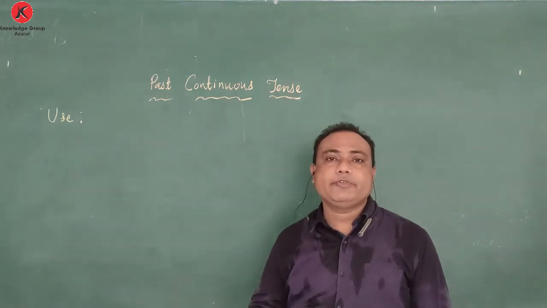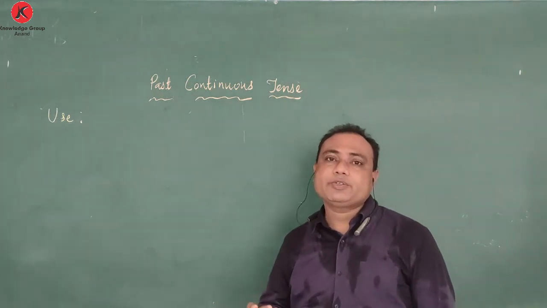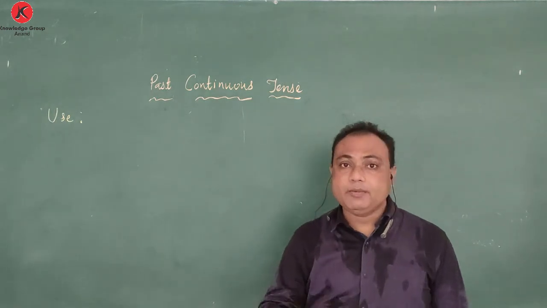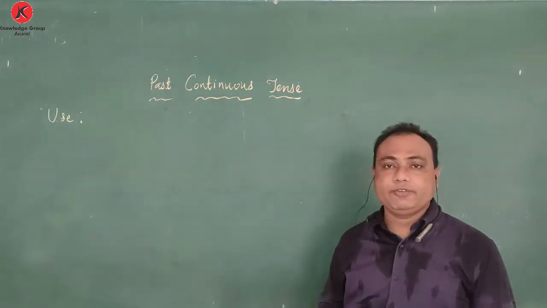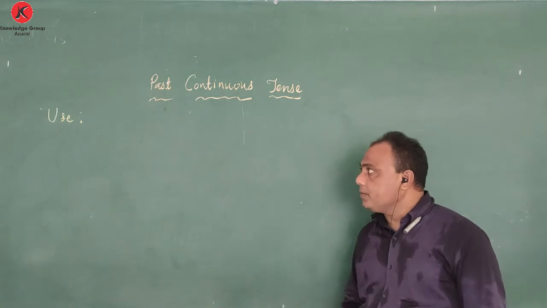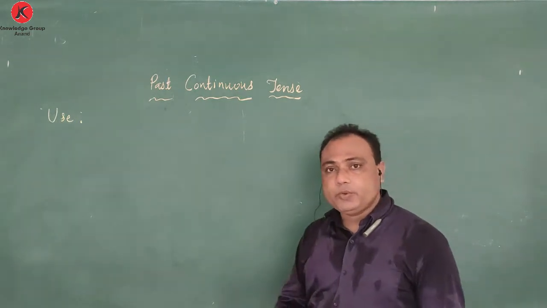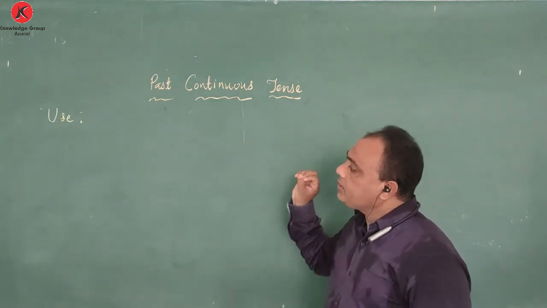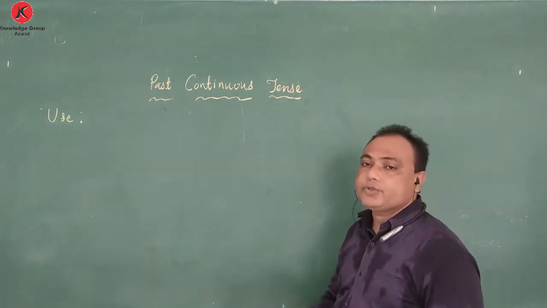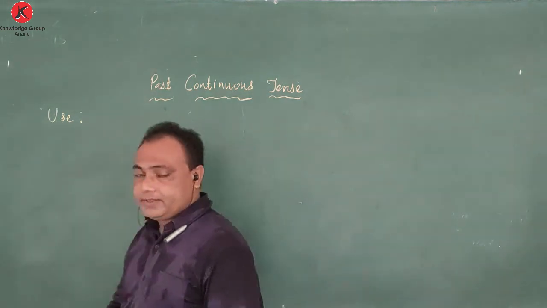Then you will notice unprecedented fluency, which you have never seen before. So I want you to develop that fluency, and that's why we are talking about the use, when we are supposed to use past continuous tense.